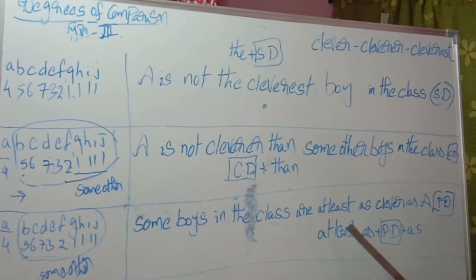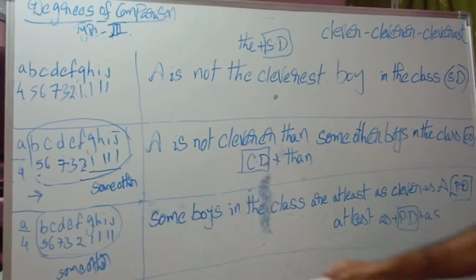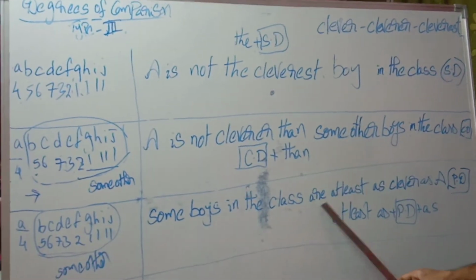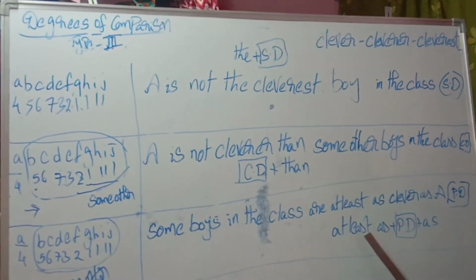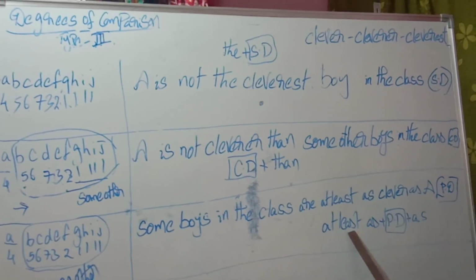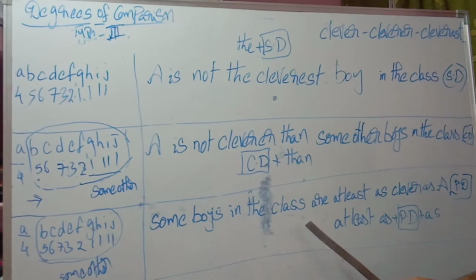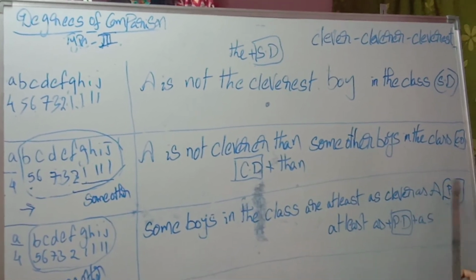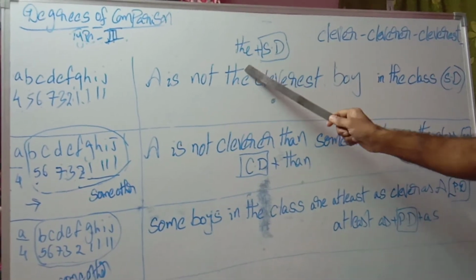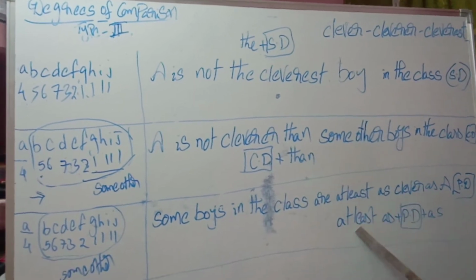So some other boys in the class are, plural, at least as clever as A, positive degree. So: the plus superlative degree; comparative degree plus than; at least, as plus positive degree plus as.